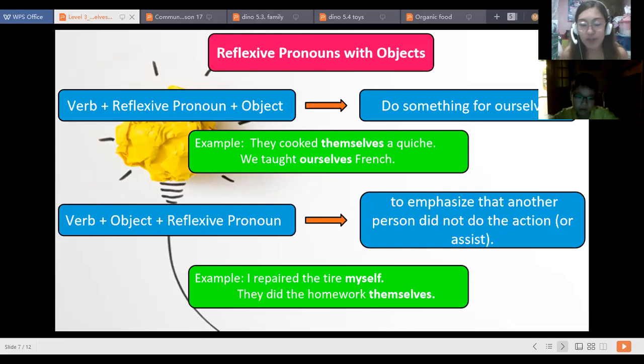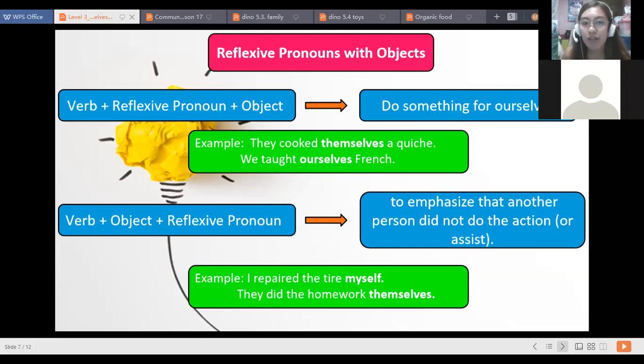Okay, very good. So can you give me the example of the verb and reflexive pronoun plus the object? Can you give me the two examples? They cook themselves a quiche.